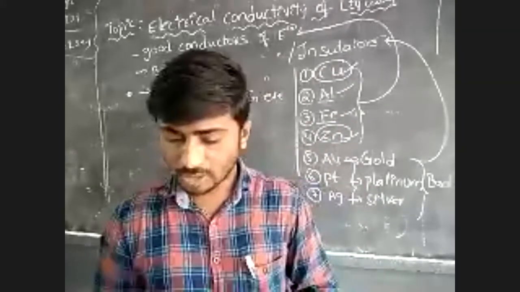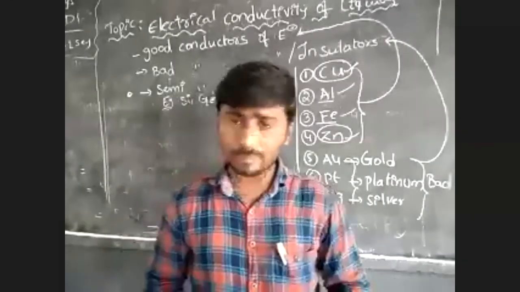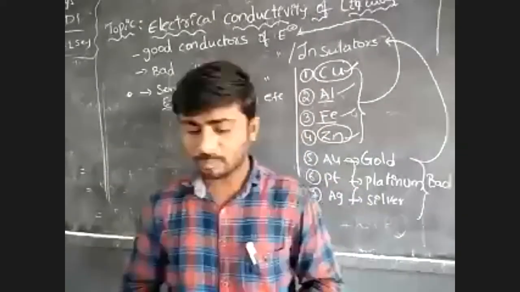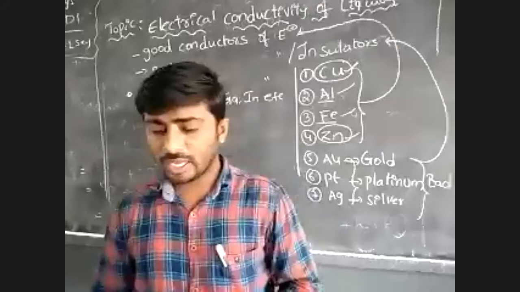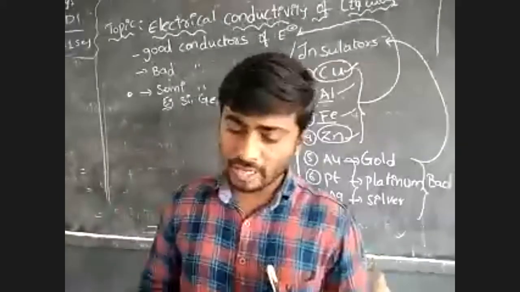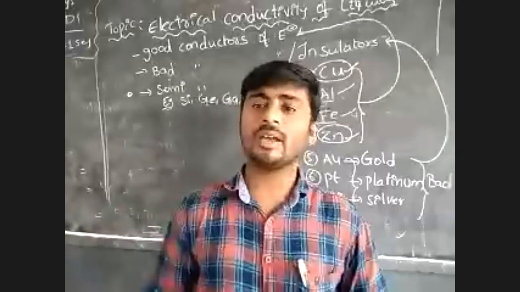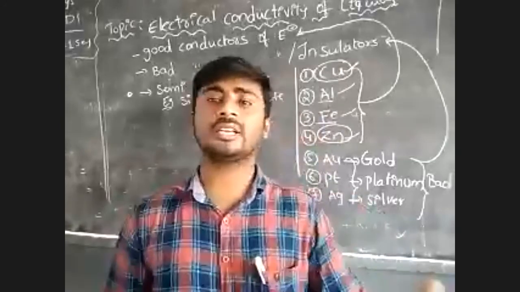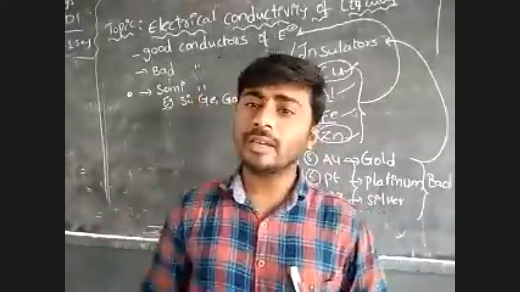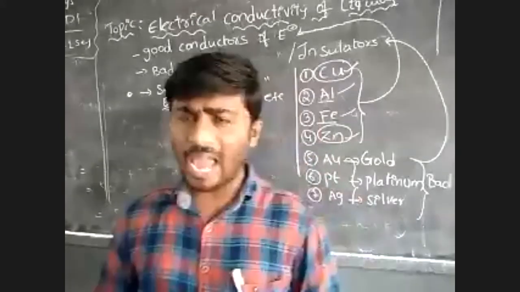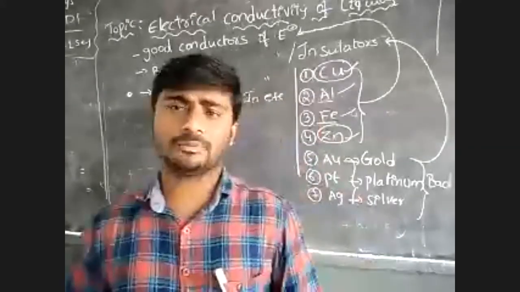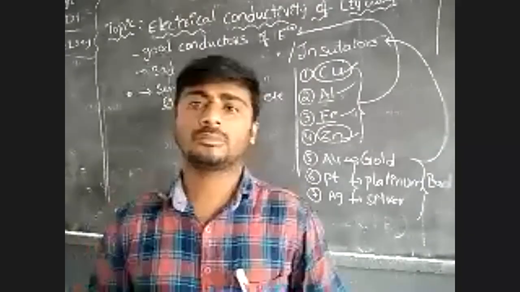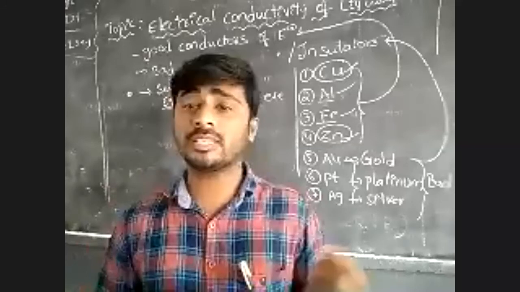Now see page number 120, table number 1: serial number, object, material, bulb glow yes or no, good conductor or bad conductor? See here, iron nail. If we use the iron nail between the two wires, does it conduct electricity or not?